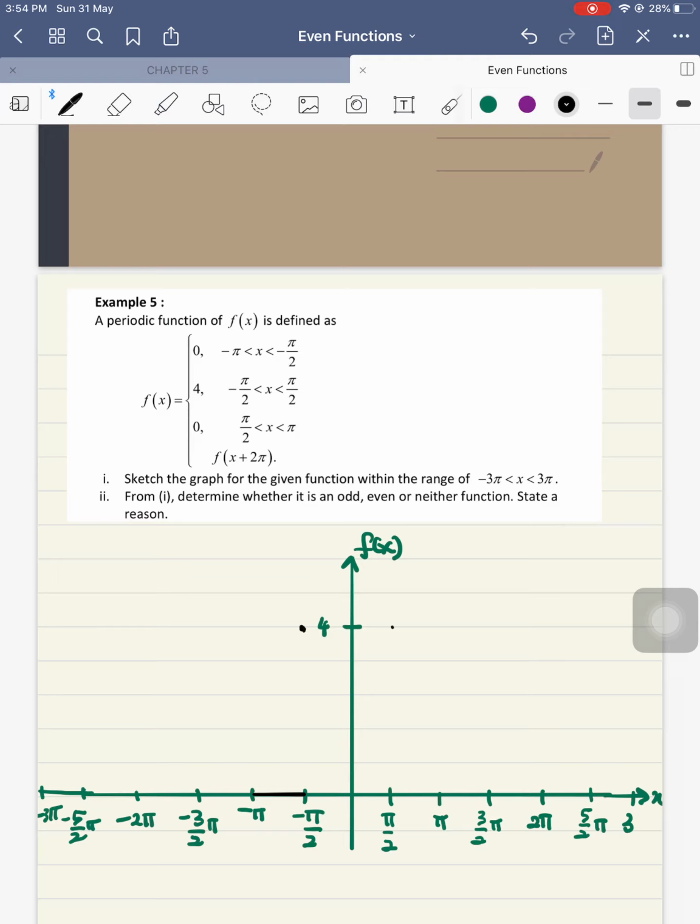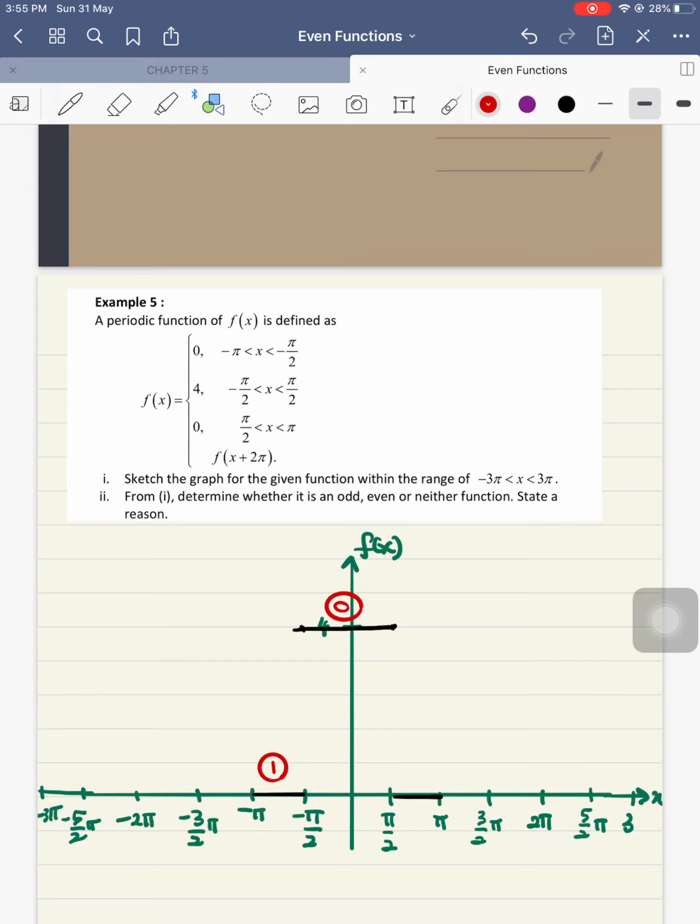Okay, so the last one here, from pi over 2 until pi, which is here, again your f(x) is equal to 0, so you will have a line on the x-axis. Okay, so therefore you will have this line. So this is your first function.